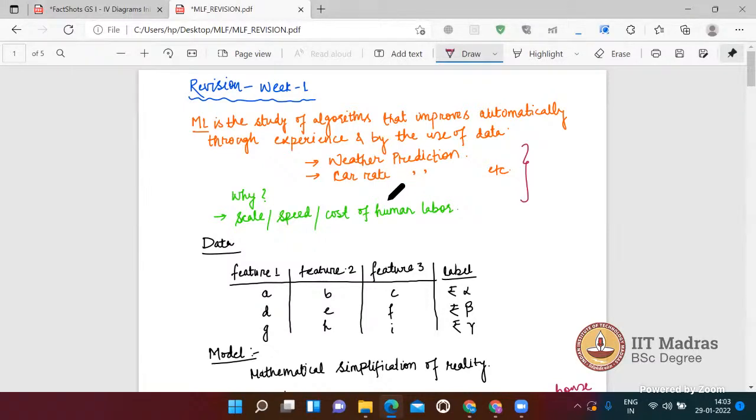If we have to predict the price of a phone, and we have some data like 1,000 observations, on the basis of those 1,000 observations we can predict the price of the phone or the car. For the phone, we'll use features like the camera, the type of screen, or the brand.